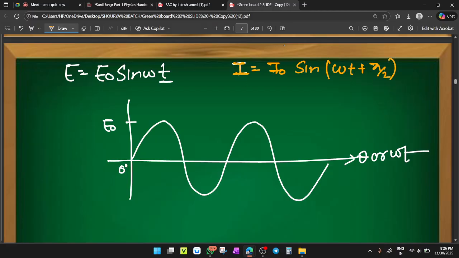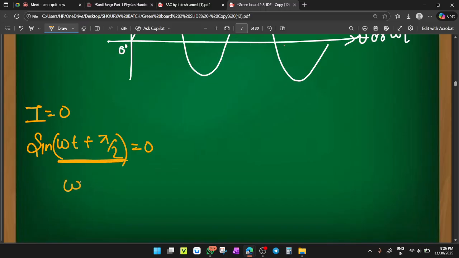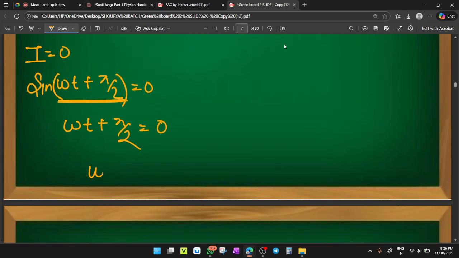The time when I becomes 0: sin(omega t plus pi by 2) equals 0. Sin theta becomes 0 when theta equals 0, meaning omega t plus pi by 2 equals 0, so omega t equals minus pi by 2.